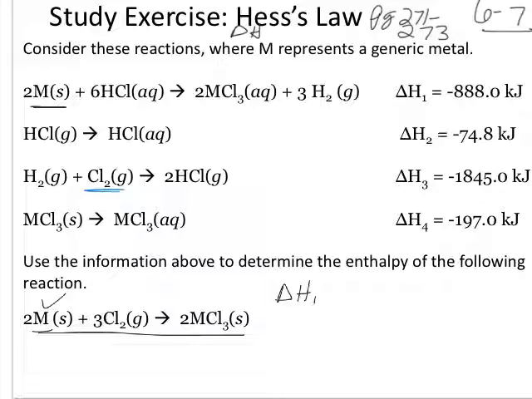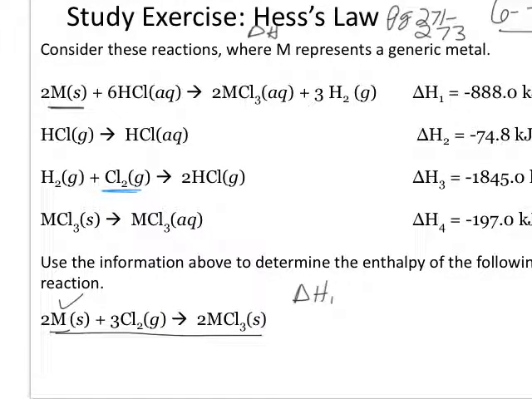However, it doesn't have the right coefficient, right? So I'm going to have to multiply a 3 through this equation. I'm going to put a 3 in front of the chlorine, and what's 3 times 2? 6 in front of my chlorine gas.